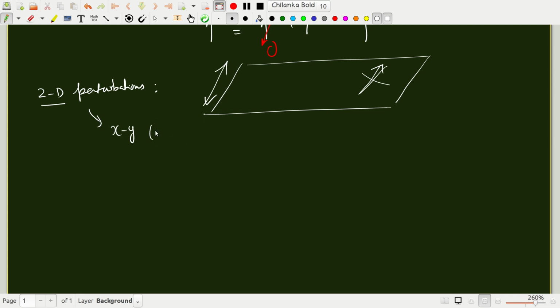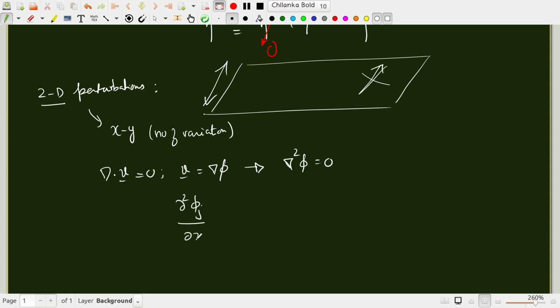There is no z variation along this direction. Now del dot v is 0 and v is del phi combine to give del squared phi is 0, and therefore you'll have partial squared phi j by partial x squared plus partial squared phi j by partial y squared is 0, and j takes the labels for both the fluids.